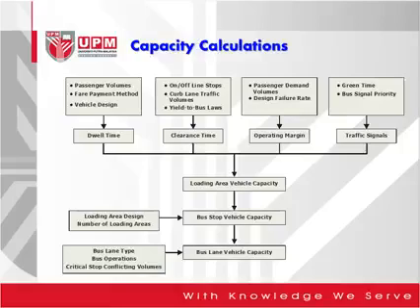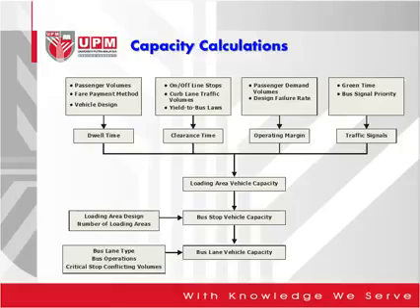It depends on the passenger volume, the fare payment method, and also the vehicle design. And for the clearance time, it depends on whether it's an online or offline bus stop. Of course, offline will take longer. And also the curb lane traffic volume depends on the traffic flow along the route in front of the bus stop, and also whether there is a yield-to-bus law or not.